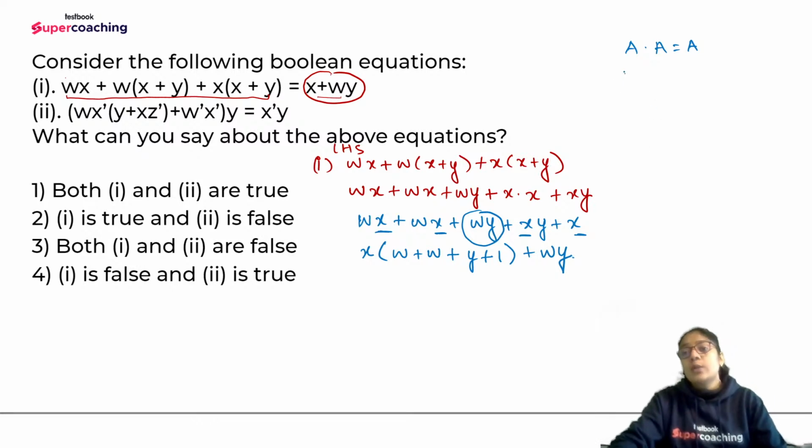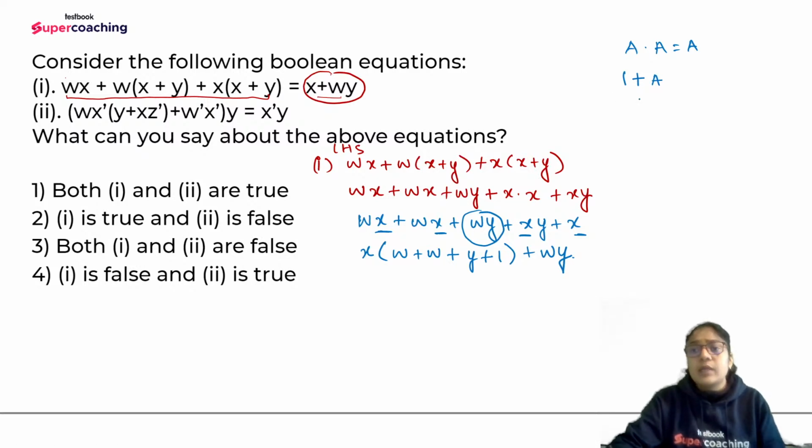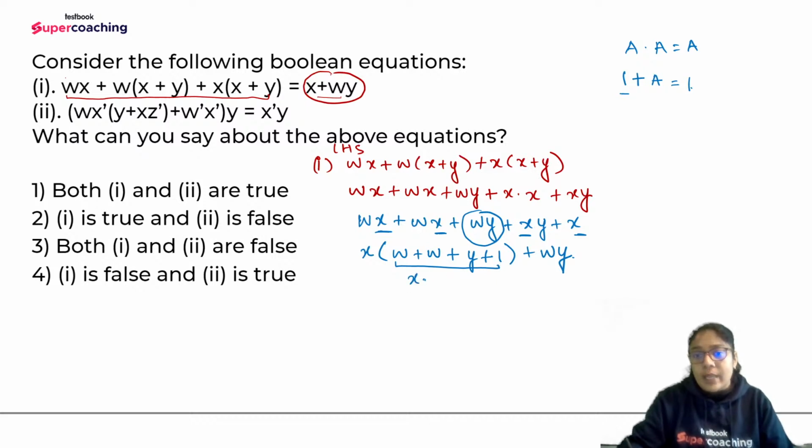Now we know that 1 with anything, a plus b plus c whatever it is, if even one expression is true, the overall answer is 1. So in this expression, since we are getting 1, this comes out to be x into 1 plus wy. This is x plus wy, which is equal to the right hand side.